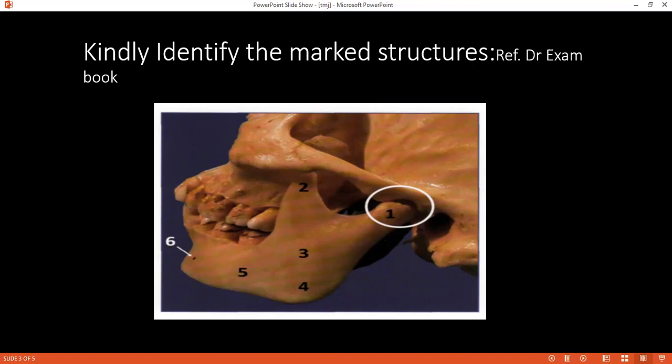What are the muscles responsible for opening the jaw? Lateral pterygoid is responsible for opening the jaw.